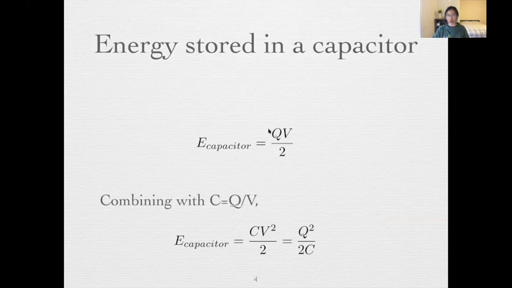Combining with that, you can massage this QV over 2 into a different format. For example, you can swap out Q with CV, then you'll get this term. Or you can swap out V to get Q over C, then you'll get the energy, which is Q squared over 2C.